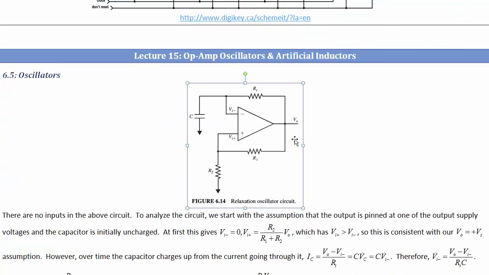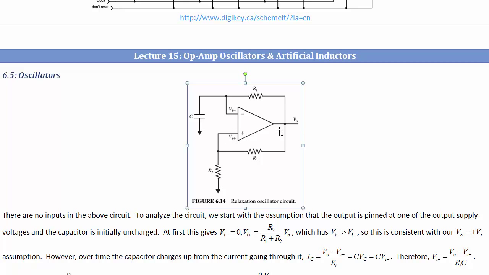Okay, first assume that the capacitor is initially uncharged. So if this is 0 volts, the feedback doesn't quite work right. We've got things going to the positive terminal and to the negative terminal. So let's say we're not having equal voltage here.